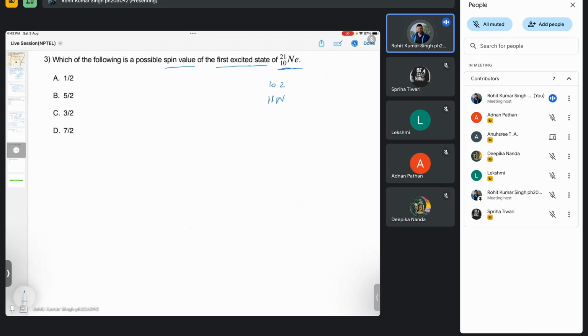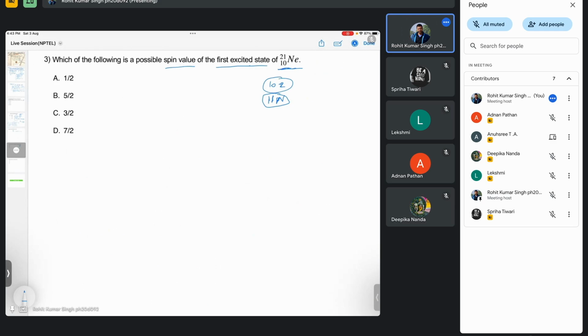Now, as I mentioned, the paired ones will be irrelevant to us; the unpaired one will govern everything about the nucleus. Now let's try to find where the neutron will lie. First let's write the ground state.